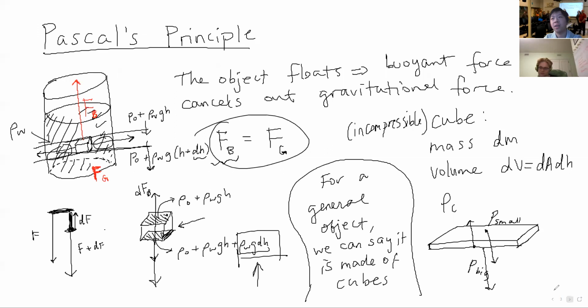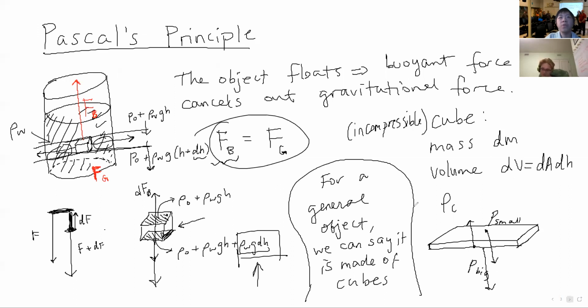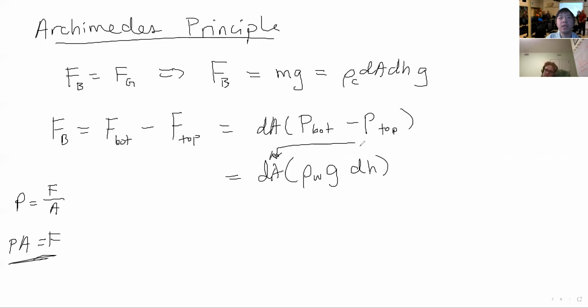I don't know why I got stuck on this. Sorry, guys. Rho_W times g times dh, right? This is from what we had before. But if you combine the dA times dh elements, this becomes the volume of the actual object, right?